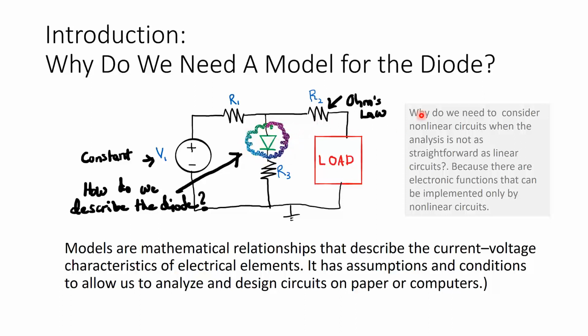So why do we need to consider non-linear circuits when the analysis is not as straightforward as linear circuits? The answer is that there are electronic functions that can be implemented only by non-linear circuits. You shall see those circuits that we described earlier, like rectifiers, clippers, and clampers. These are circuits that can only be performed if the circuit includes non-linear elements.